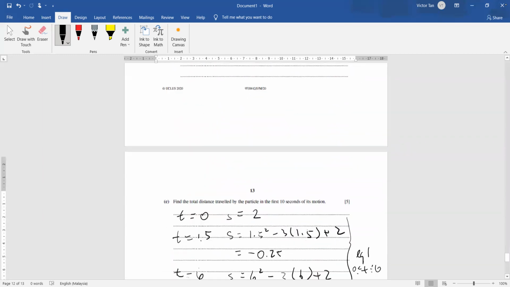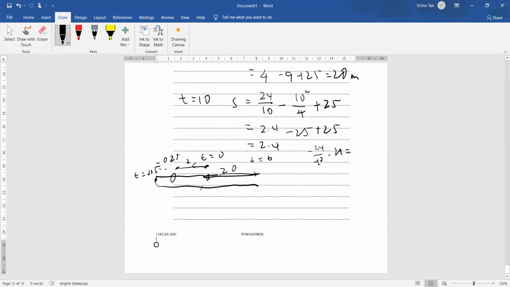Okay. So over here it hits the wall and it rebounds back to 2.